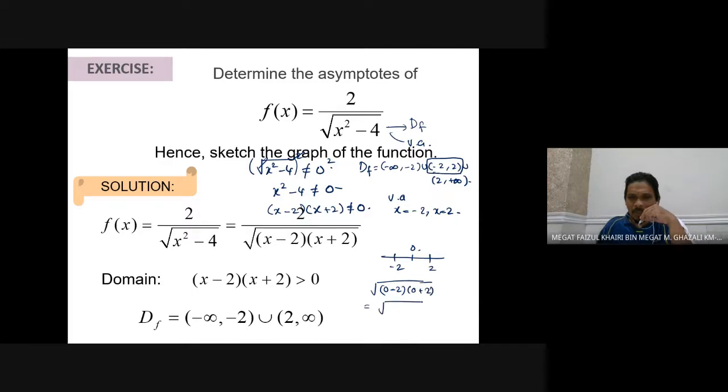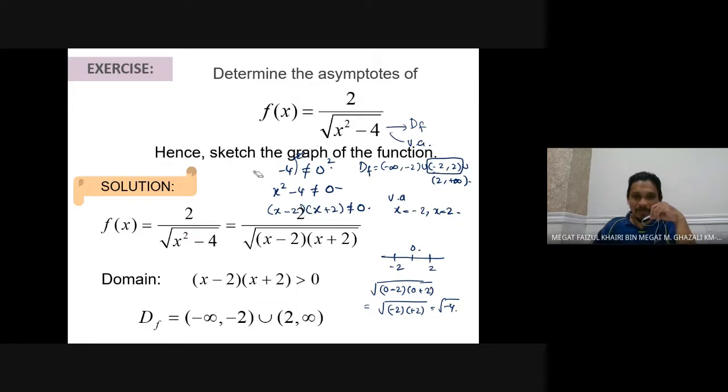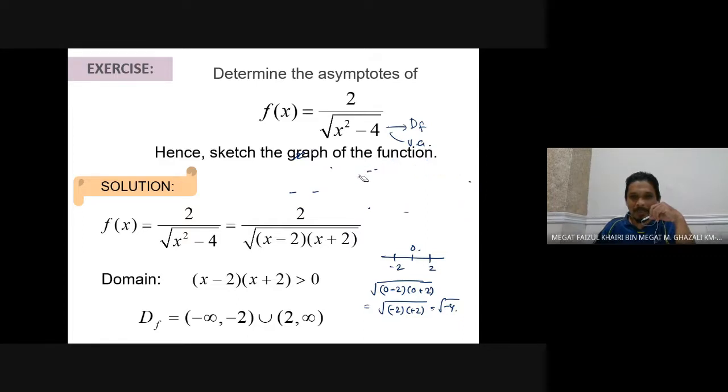So it's -2 times +2, which gives us -4. And square root of -4 is undefined when we talk about real numbers. Okay, sorry guys, girls. I made a mistake here, sorry. I didn't notice that I defined it incorrectly here.